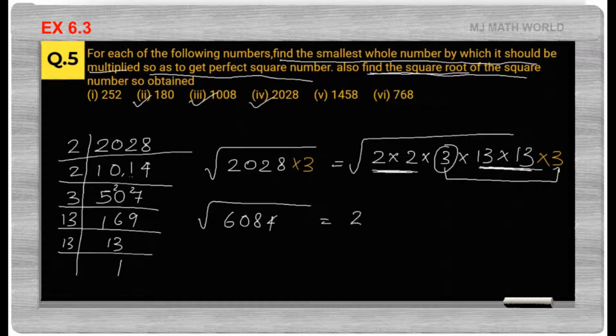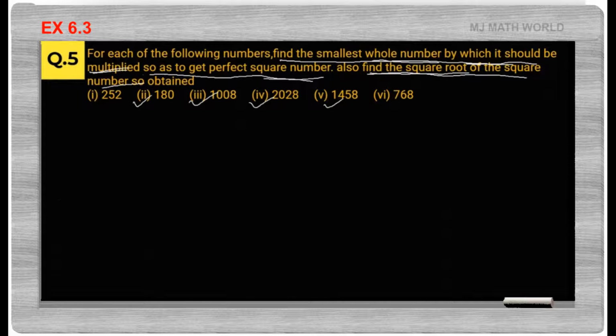We will choose one number from each pair: 2 into 3 into 13, which is equal to 2 into 3, 6, 6 into 13, that is 78. 78 is the answer. The answer is 3 and 78.